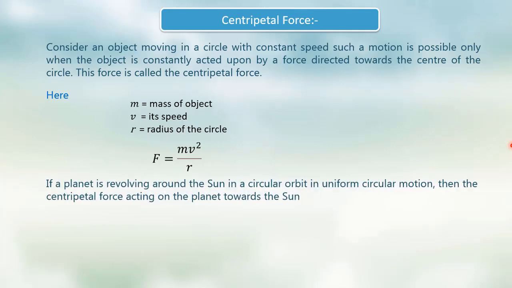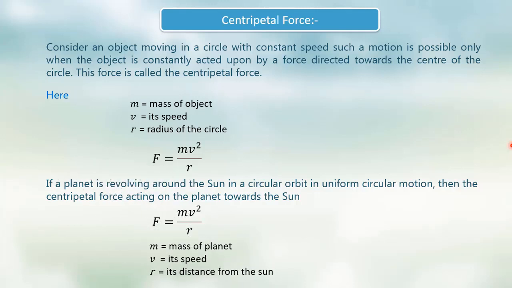If a planet is revolving around the sun in a circular orbit in uniform circular motion, then the centripetal force acting on the planet towards the sun is F equal to mv square upon r. Small m is the mass of the planet, v is its speed, and r is its distance from the sun.